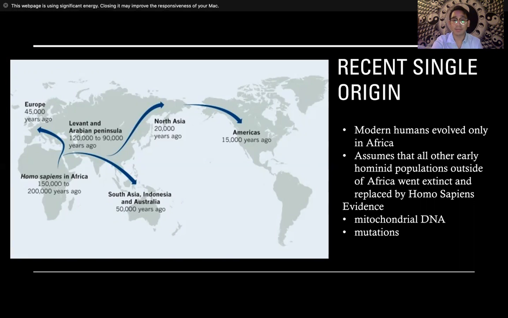Early anatomically modern human populations began moving out of Africa generally before 100,000 KYA. It believes that modern humans replaced all other forms of archaic hominids living throughout the Old World. The supporters of the recent single origin model emphasize the disappearance of anatomical features that specify early regional populations.